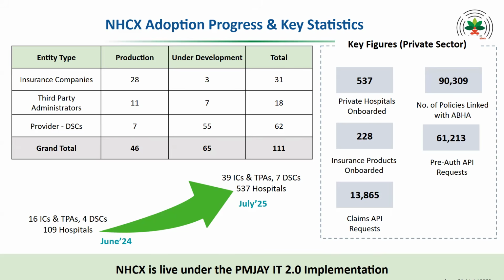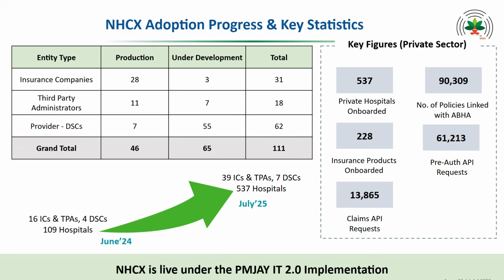Three are under development, probably at an M1 stage. We have 11 third-party administrators and 7 DSCs onboarded currently. We have 537 private hospitals on NHCX, which are processing their claims via NHCX. 90,000 insurance policies have been linked to unique ABHAs, and 228 insurance products are onboarded.